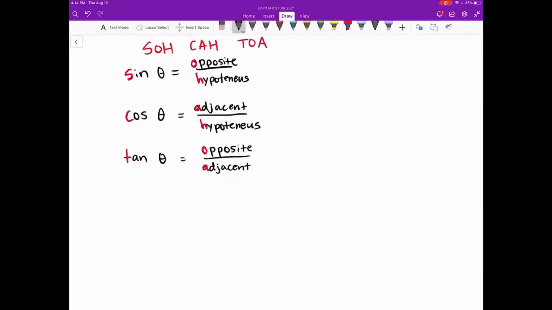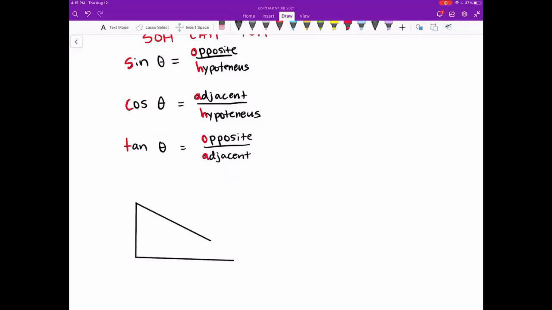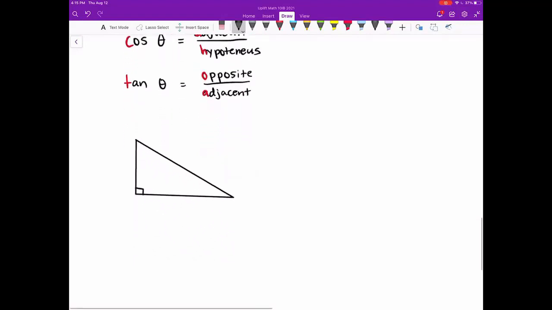Okay, so you're saying to draw a triangle. Yeah, let's identify the trig ratios of a triangle. Okay, so let's say we're studying this angle right here.